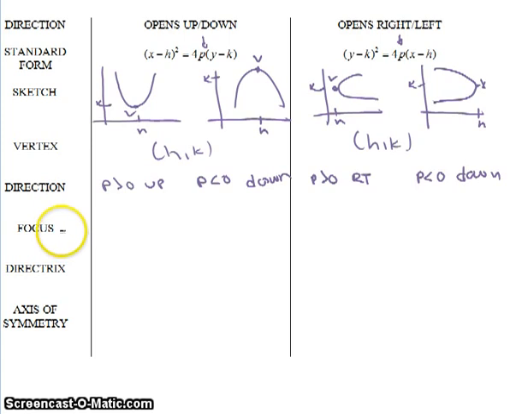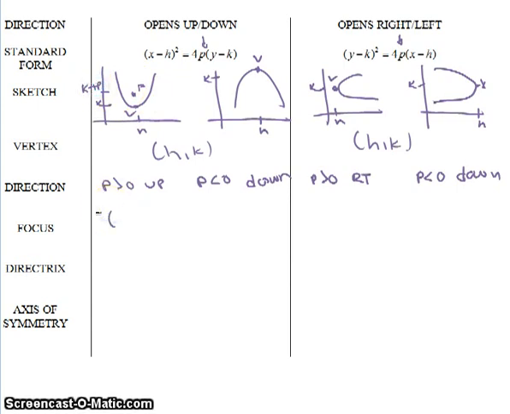Your focus is P units by definition from the vertex. So if your vertex is here, you go up P units to get to your focus. To get to the vertex, I went up k units. To go to the focus, I go up k plus p. So this coordinate is k plus p.